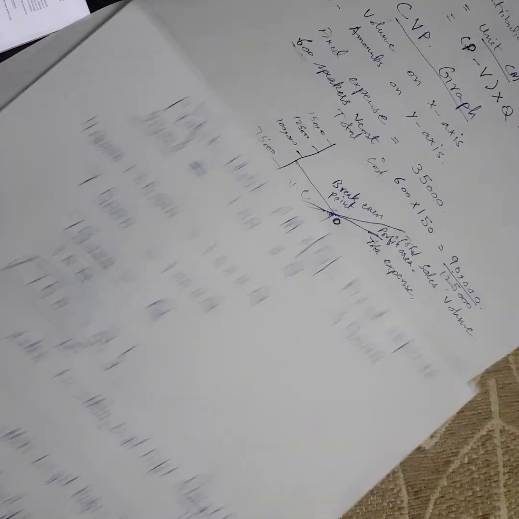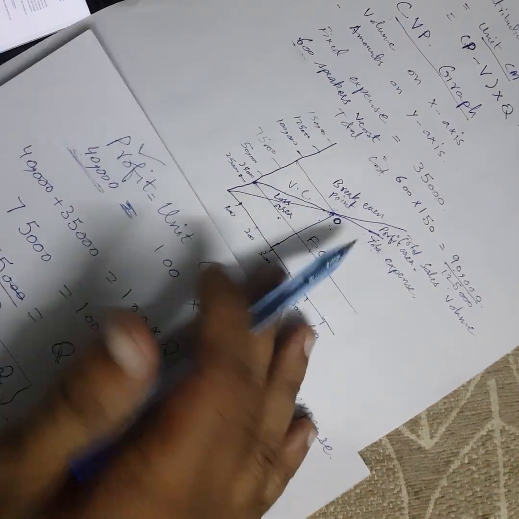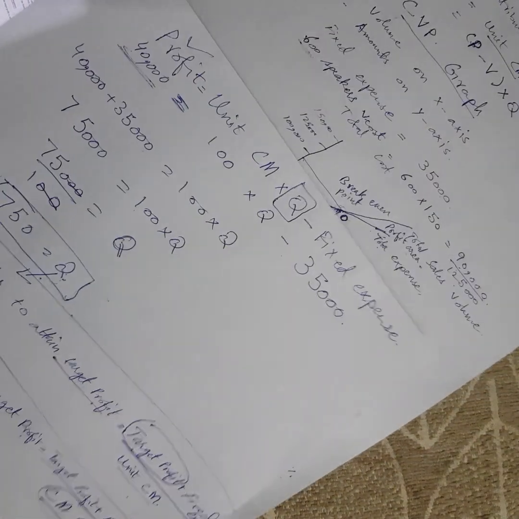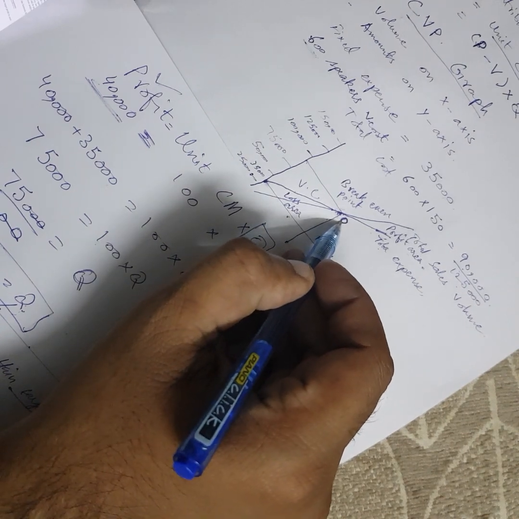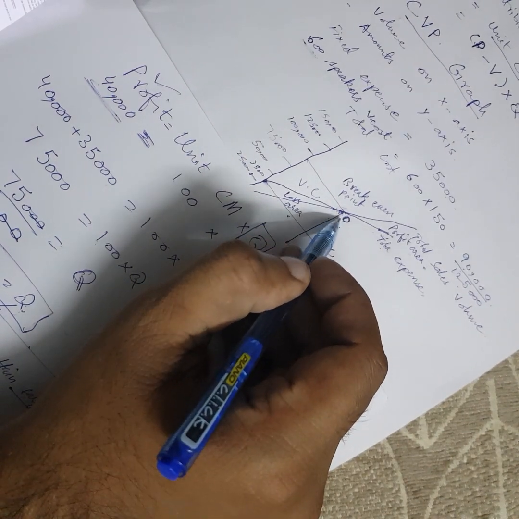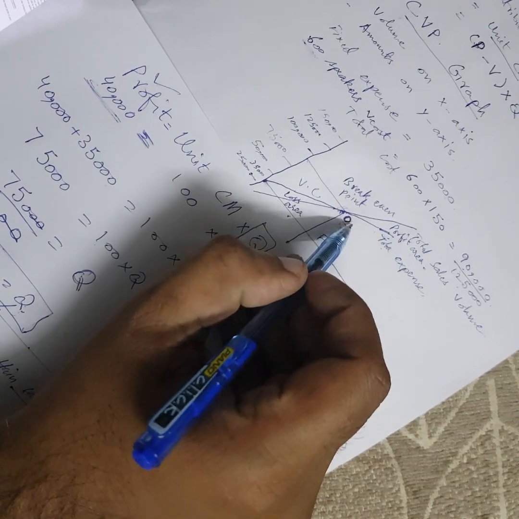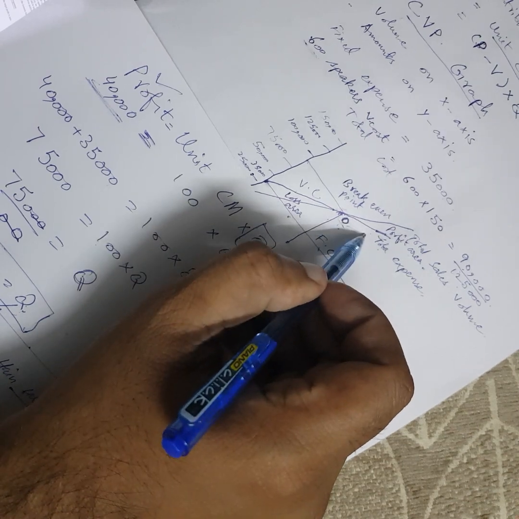If I illustrate using this graph, in unit sales break even, this is the point of unit sales break even. It means at this point the quantity of units will make our profit and loss equal to 0, and after this point whatever units we produce we will get our profit.